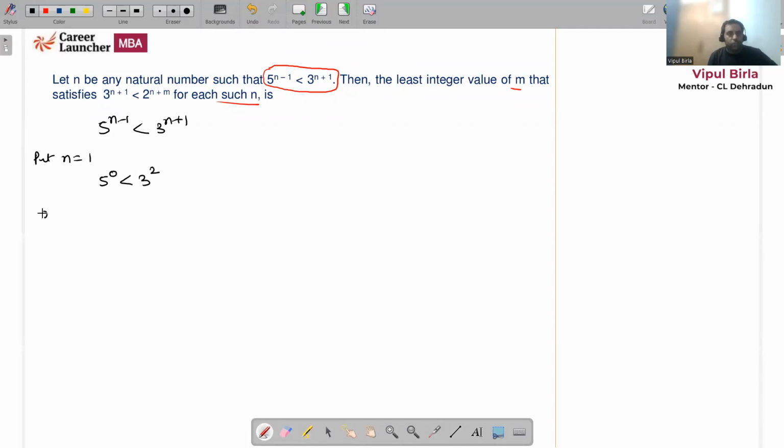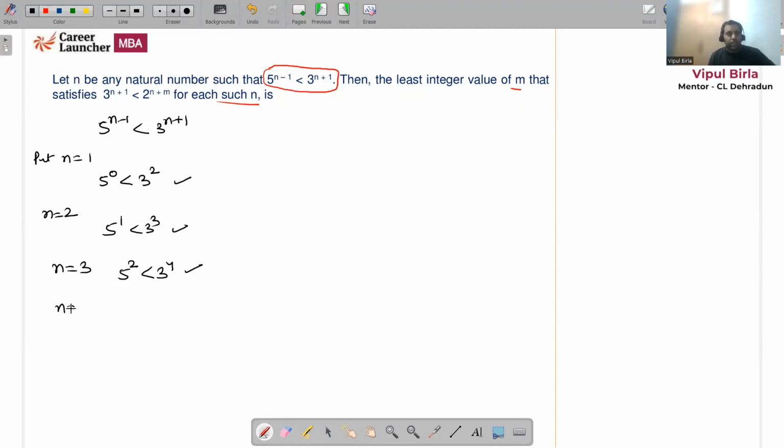Yes, it is true. Put n equals 2: 5 to the power 1 is less than 3 cube. Yes, it is true. Put n equals 3: 5 square is less than 3 to the power 4, which is 81. That is also true.